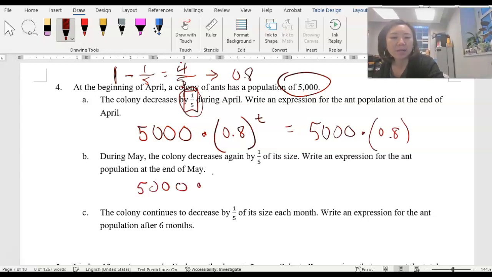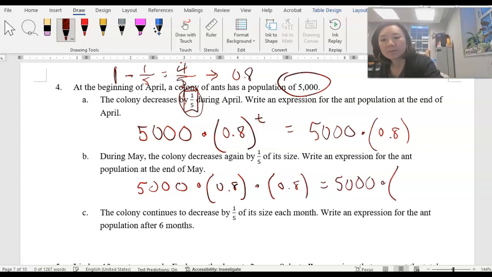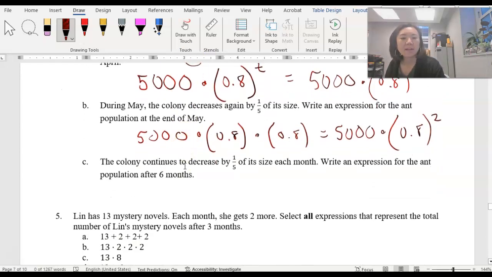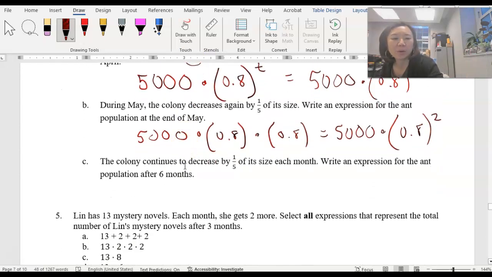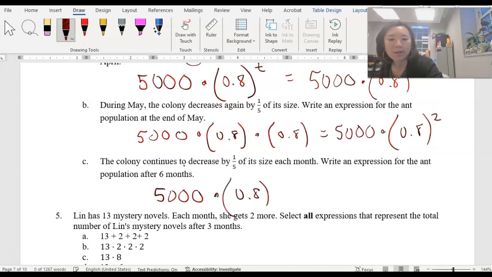It's 5,000 times 0.8 times 0.8, or 5,000 times 0.8 squared. And then it says the colony continues to decrease by 1/5, so we're going to do 5,000 times 0.8 to the 6th power, because 6 months. All right.